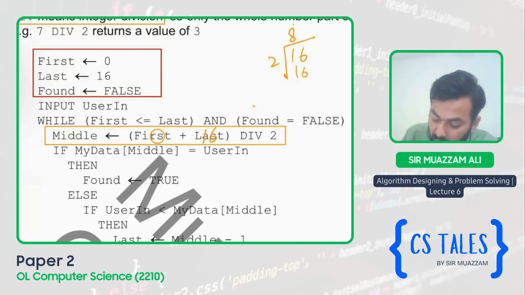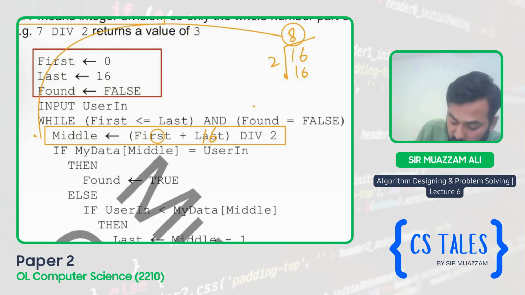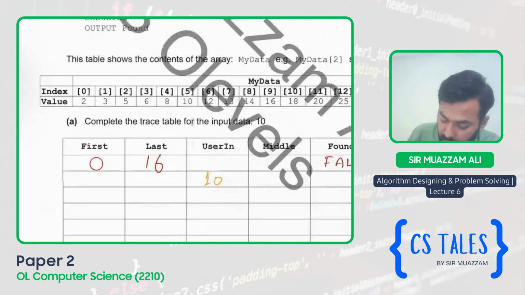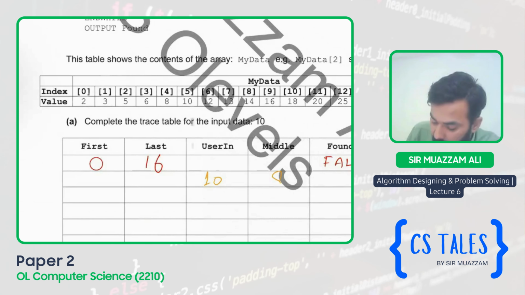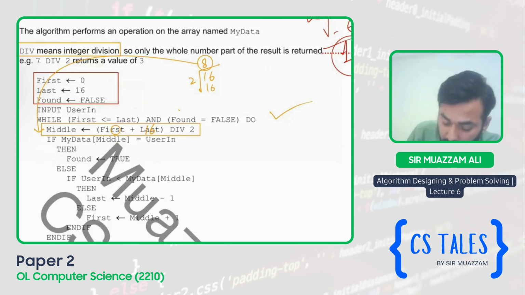So 8 must be stored in the middle. You will have to write down 8 in the middle. Now move forward.